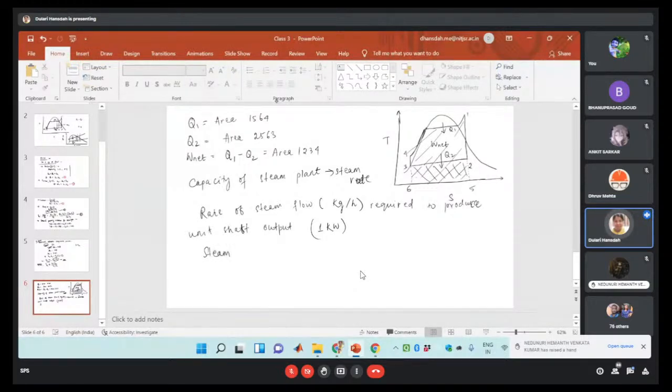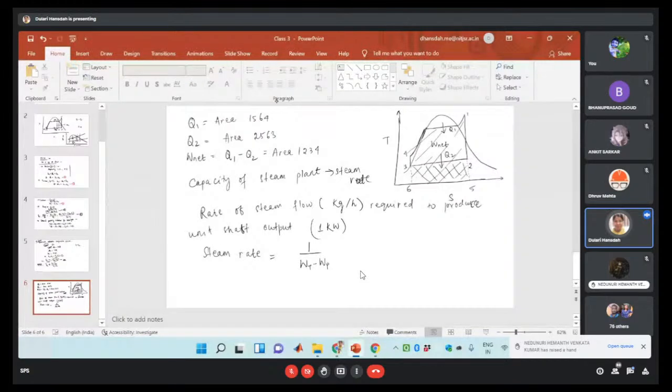The steam rate by expression is 1 upon Wt minus Wp, where this is the network output, taking unit flow of steam.